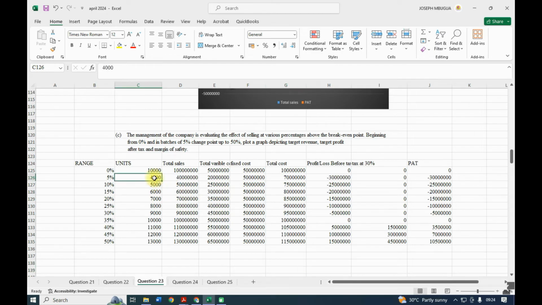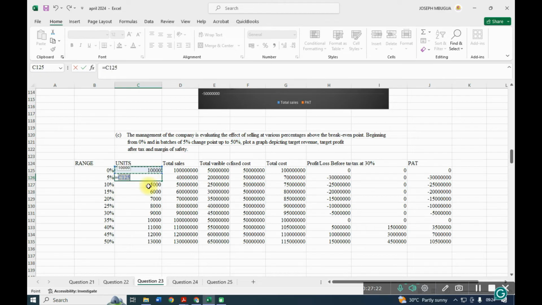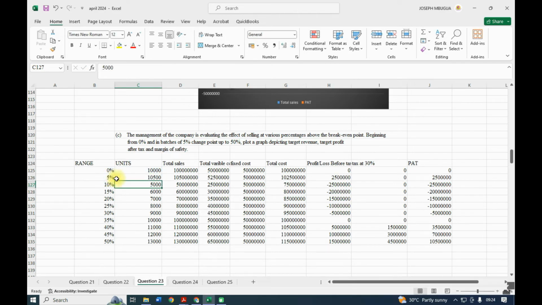Here we shall take our break-even point, which is a constant, and multiply by 1 plus the change, to give us 10,500. And I will drag this and autofill, because 50% of 10,000 is 5,000, so the maximum should be 15,000, which is 5,000 above the break-even point.